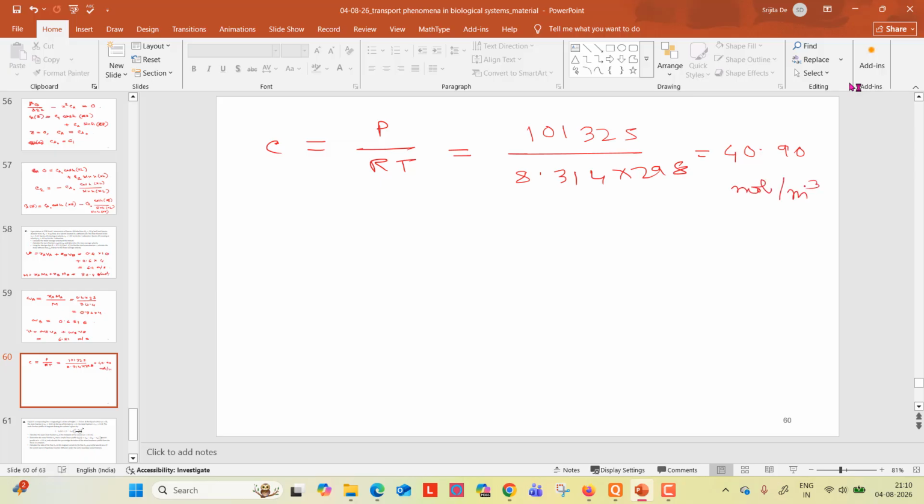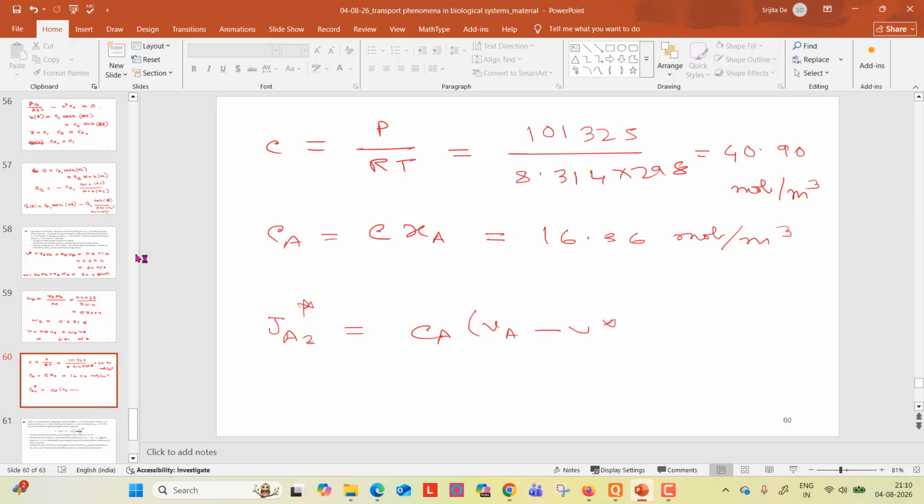Okay. Now concentration of Ca. Ca is C into Xa, and Xa is defined as 0.4, so it will come as 16.36 mole per meter cube. Then molar diffusive flux Jz star will be Ca times (Va minus V star).